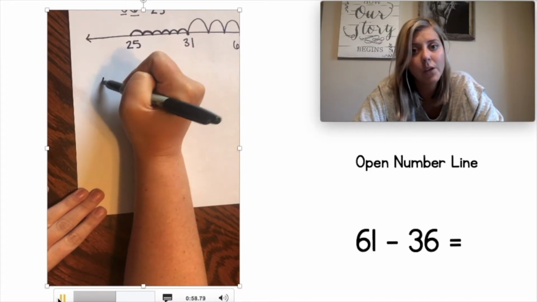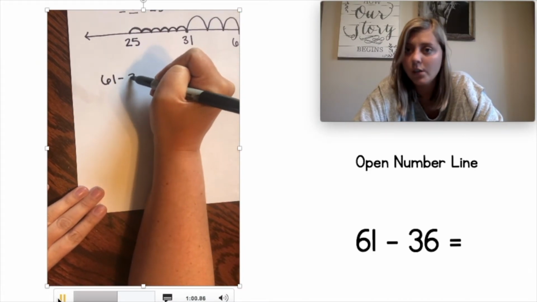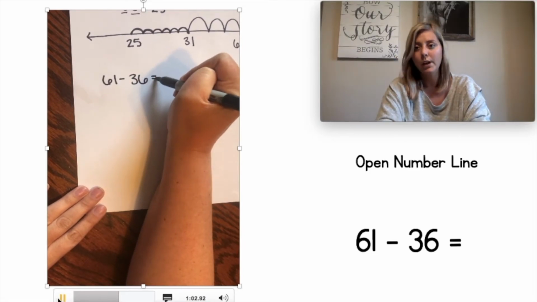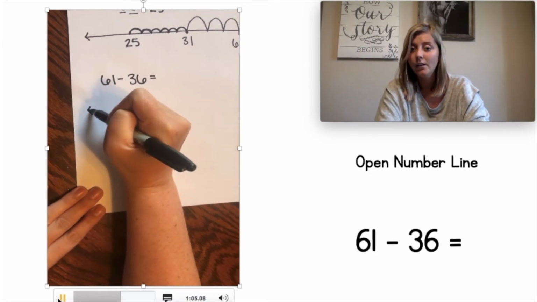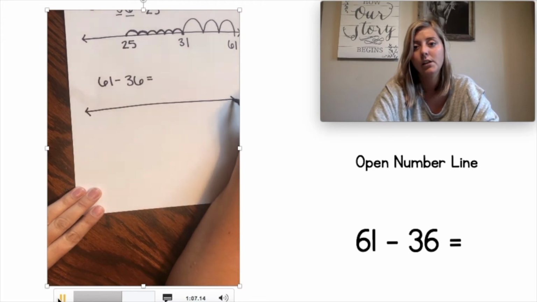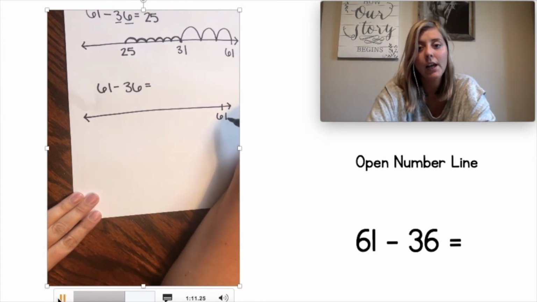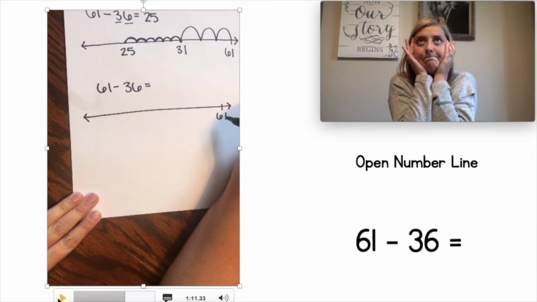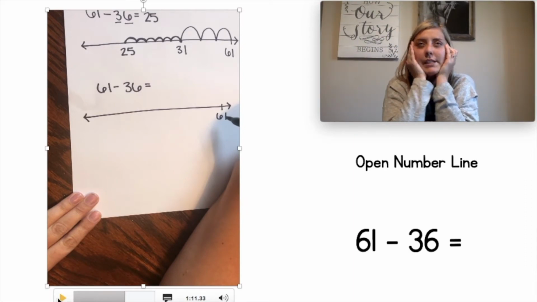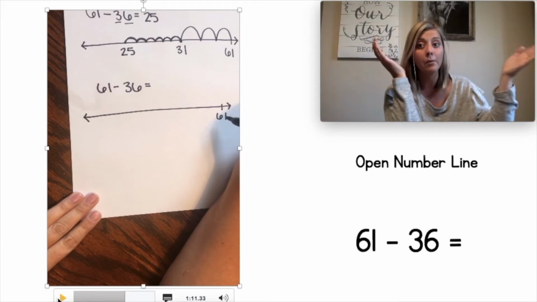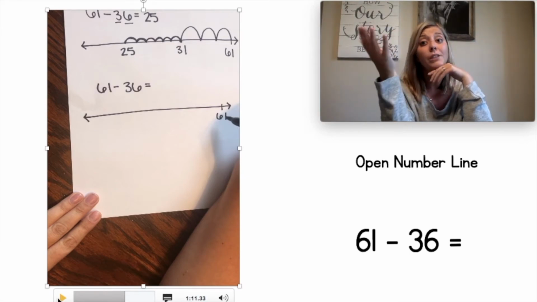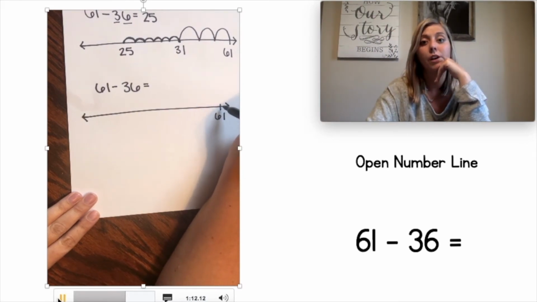That's not the only way you can do your number line. Just like with addition, you can do an open number line and you can make a 10 to help you subtract. I'll start at 61 again, plotting it on the right side, and I'm going to think to my brain, what is the closest 10 to 61? And I've got to remember I'm going backwards. Well, if I only take away 1, I'll still have 60.